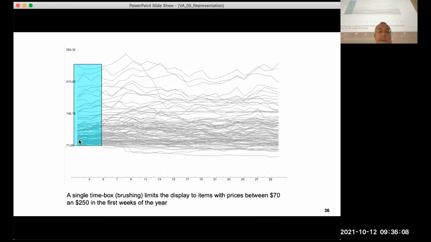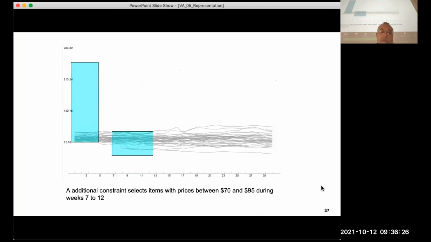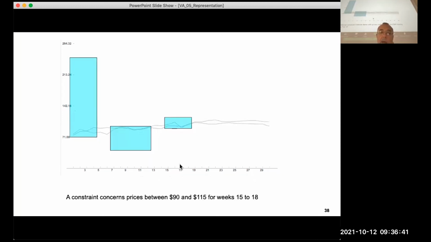Here we have an interval in money between $70 basically to 250, something like that, and you are touching the first 4 weeks of the year. And you can combine them visually. You do another brush, and you select the stocks that, after some time in the weeks between 7 and 12, are still in this range, and so on.